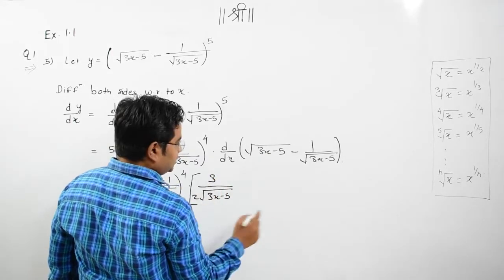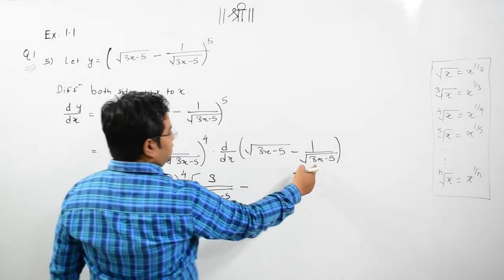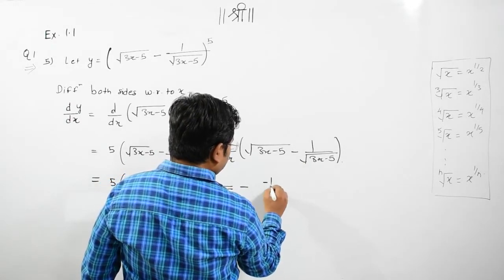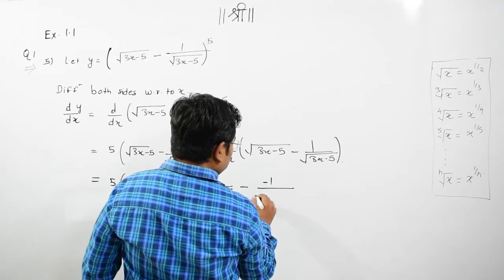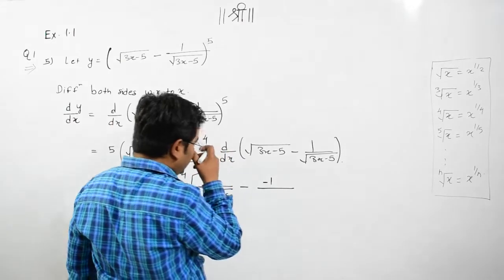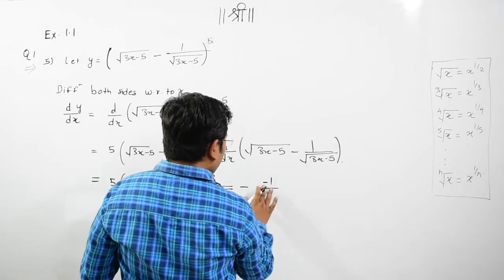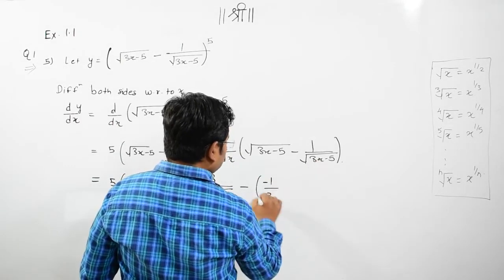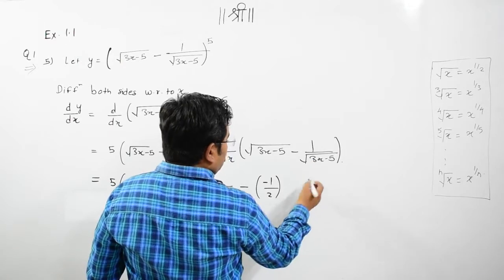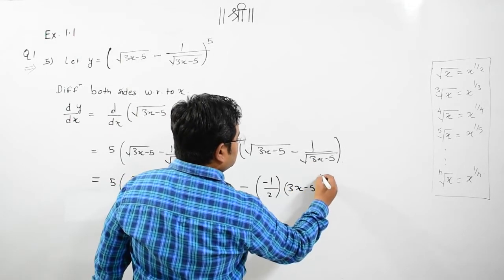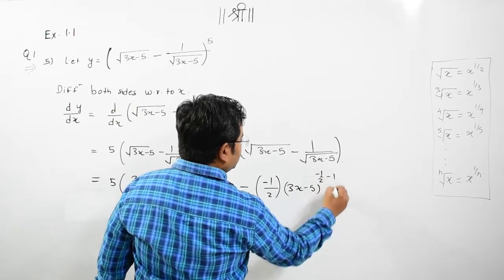Now in the bracket, we need to put minus, what should be the derivative of this? Minus 1 upon 2 will be here, and the derivative of this will be 3x minus 5 bracket raised to minus 1 by 2 minus 1.